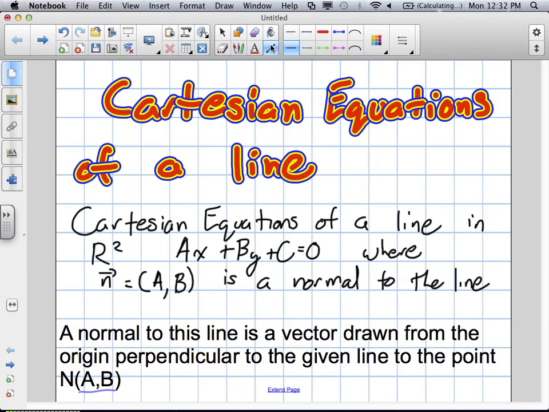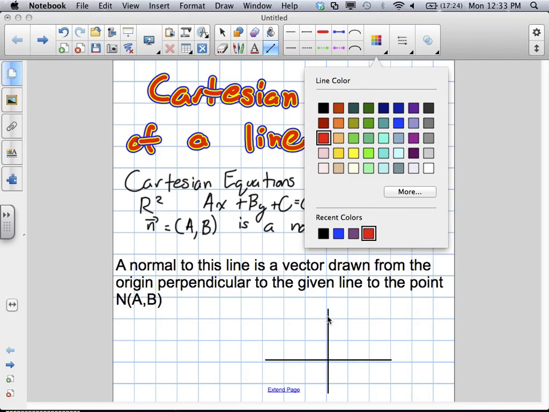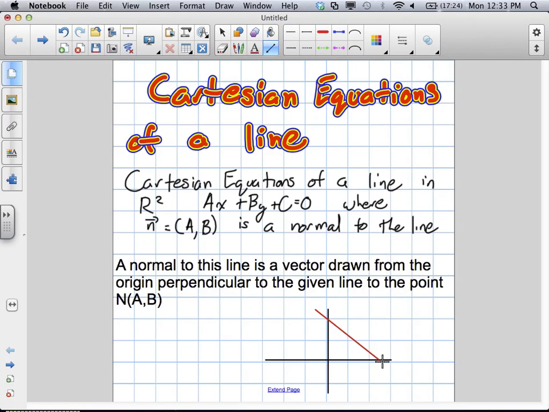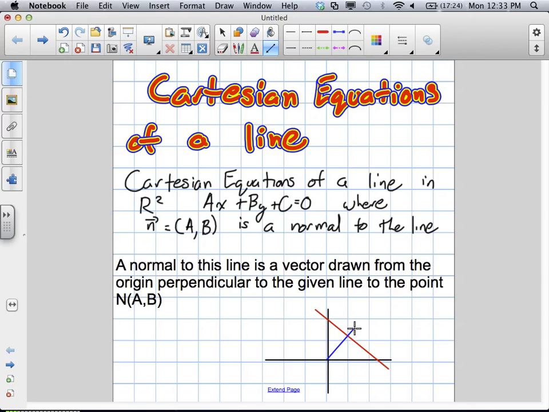So let's say we have some line going on our Cartesian plane like this. Here's our plane. I'll do my best to try to make this perpendicular. If this is our line, our perpendicular line or our normal to this line, does that look perpendicular?